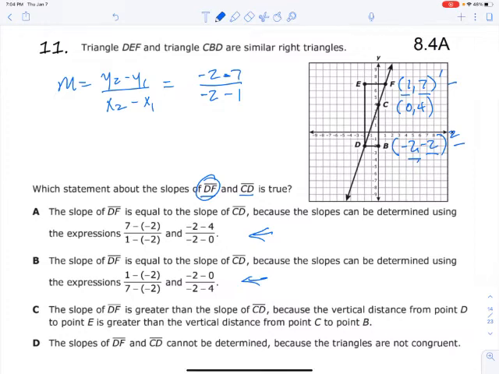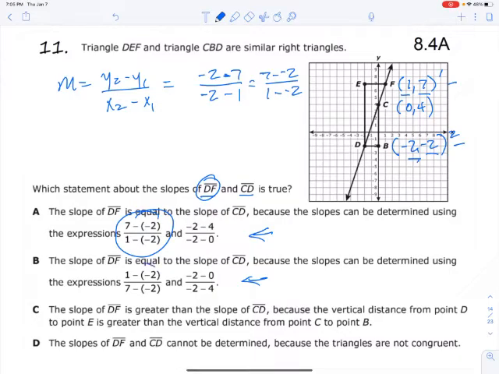So we look down here and we see if that is there. -2 minus 7 and -2 minus 1. Well, here's where it's got the 7s, and it looks like the 7 is first. So could I take this point right here and just flip the numbers? 7 minus -2 and 1 minus -2, and would it be the same? Yes, it would. So this is good.